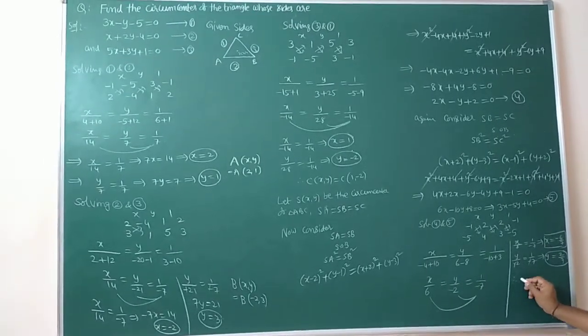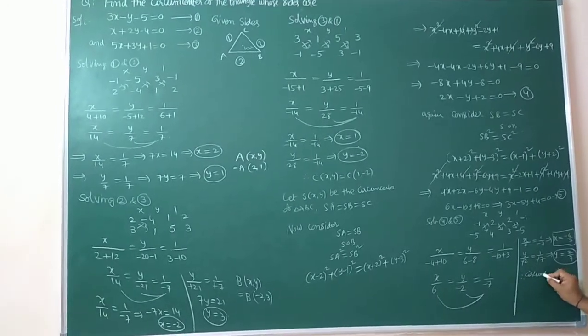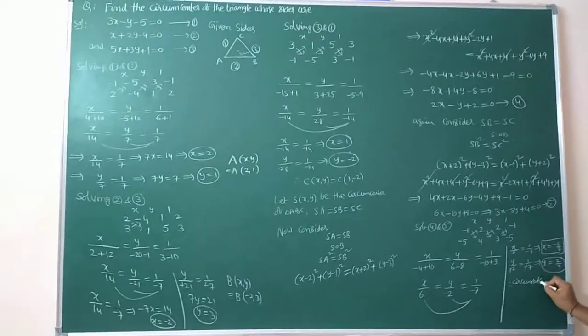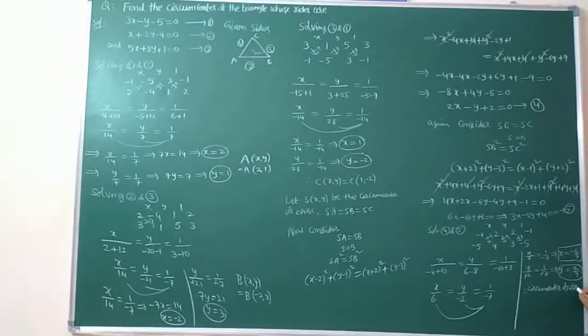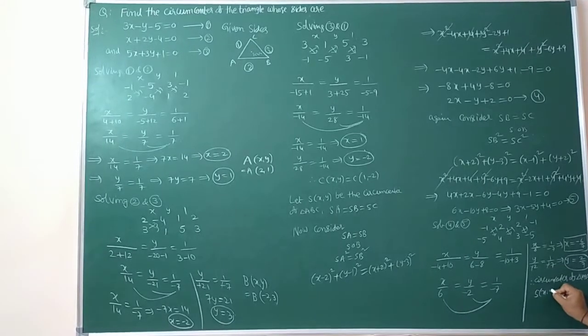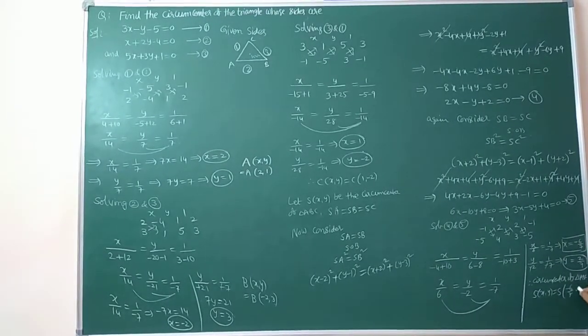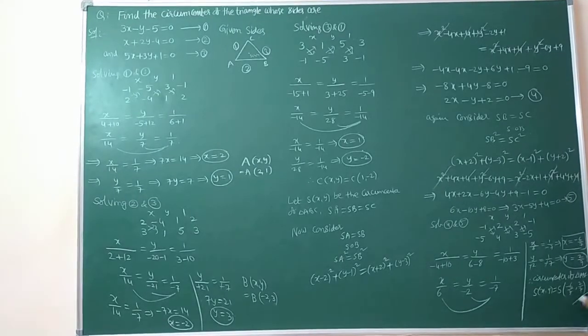Therefore, circumcenter of triangle ABC is S of x comma y equal to S of minus 6 by 7 comma 2 by 7.